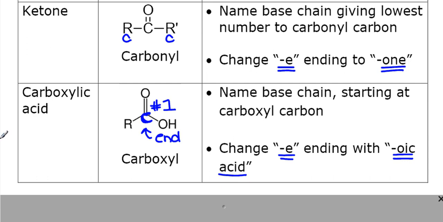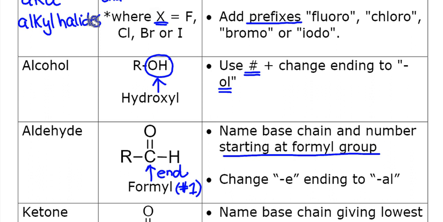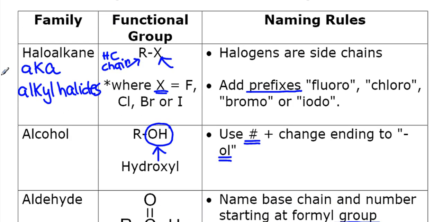Before we go on and actually start doing some naming and drawing, the other thing we should start thinking about is properties. Hopefully you're filling out your properties table as part of your work. Properties like melting point, boiling point, state, hardness, all of those things come from the presence of intermolecular forces.